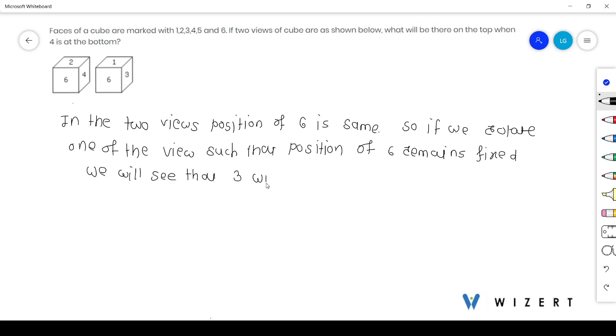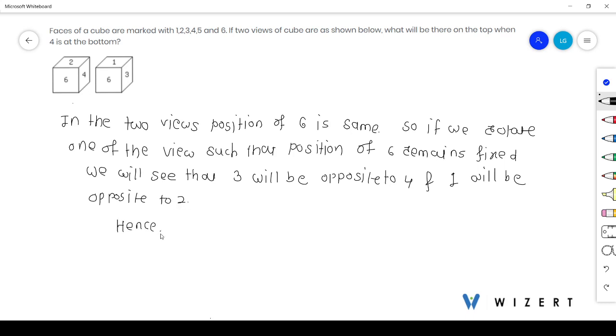3 will be opposite to 4 and 1 will be opposite to 2.